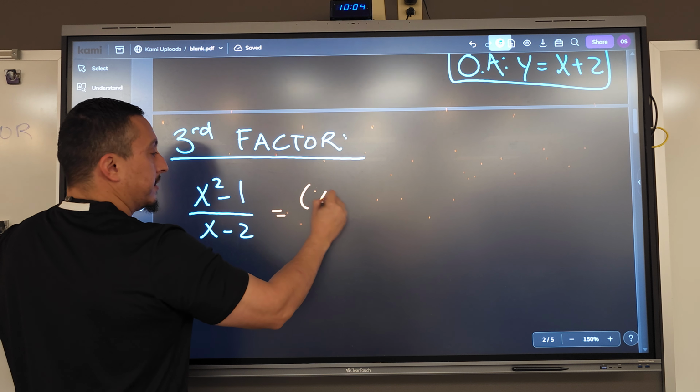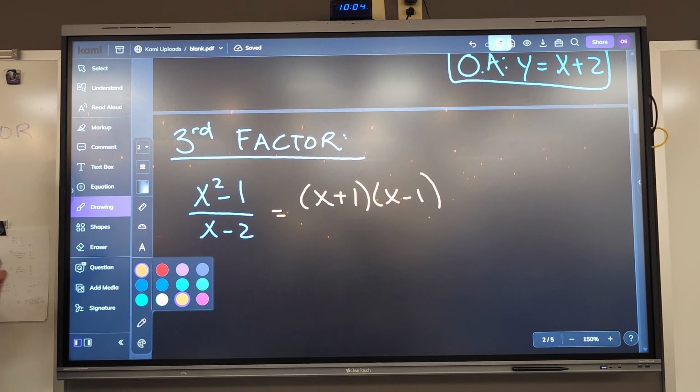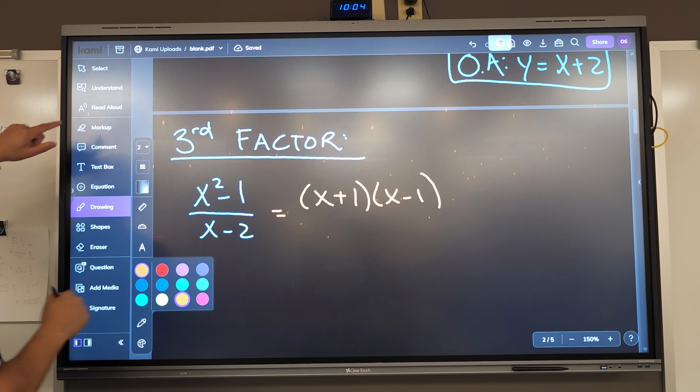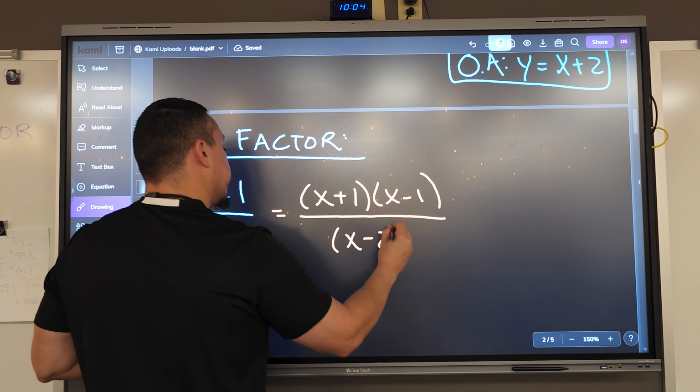This one factors; this is the difference of squares. Now remember, you have 4 different types of factoring: difference of squares, GCF, the trinomial with a greater than 1. That's why you have 8 examples, because they're all a little bit different. The bottom is a linear term, so it doesn't factor.